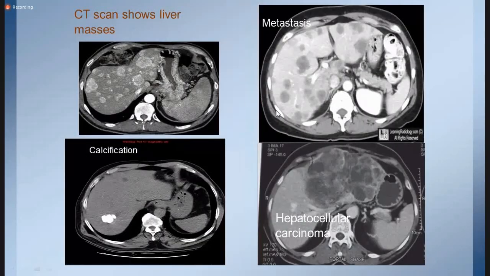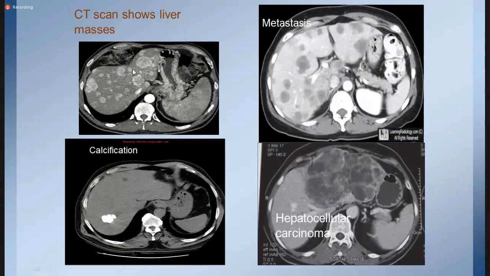So now coming towards the abnormal CT scan of the abdomen. Here you have multiple enhancing liver lesions, and here you have multiple hypodense non-enhancing liver lesions.